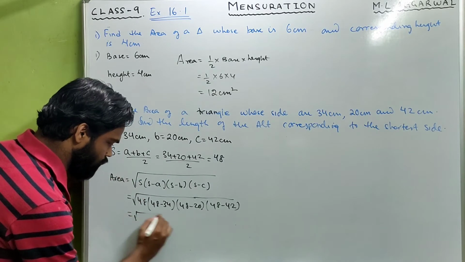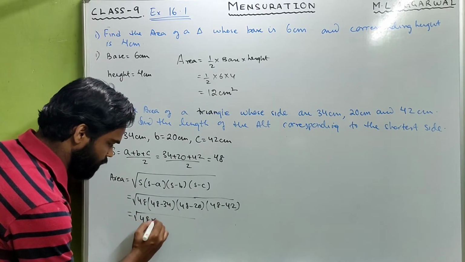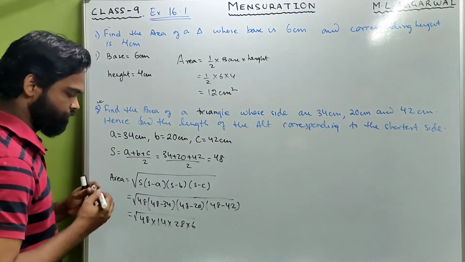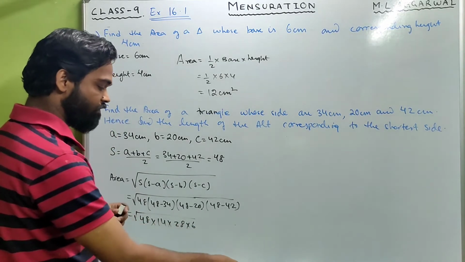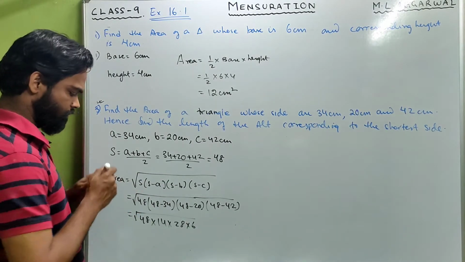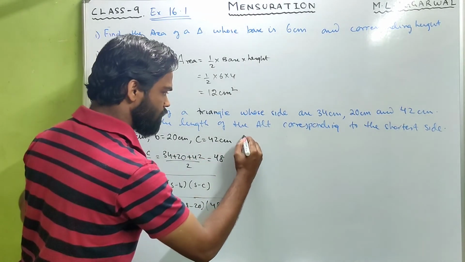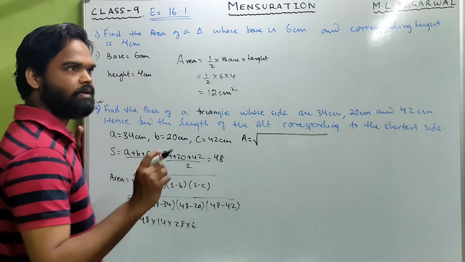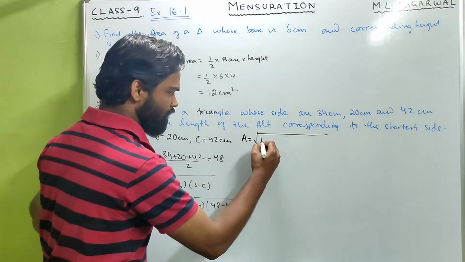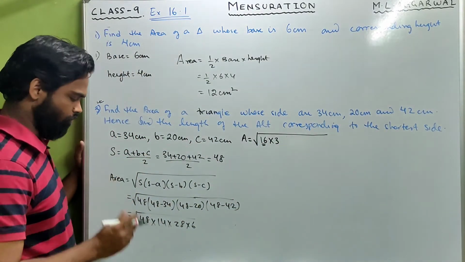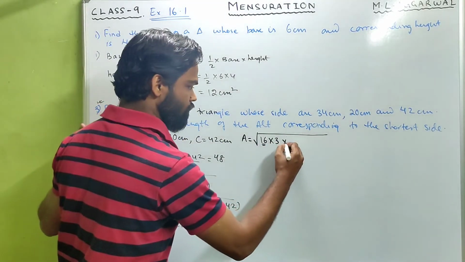So we got root of 48 multiplied by 14, 28 and 6. Now what I'll do, I'll factorize it. You can multiply and find the root as per your convenience. So area is root of, let's factorize 48. I can write 16 into 3. That will be useful for me because I know the root of 16 is 4. 14 is 7 into 2.